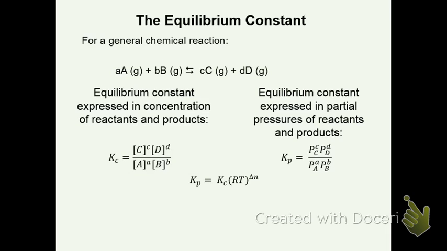And so it turns out that if you know the value for either Kc or Kp, you can calculate the other one by this relationship. So this relationship can be derived from the ideal gas law. So if we have a reaction where we just have A converting to B, we know that we can relate pressure, volume, temperature, and number of moles by the ideal gas equation.